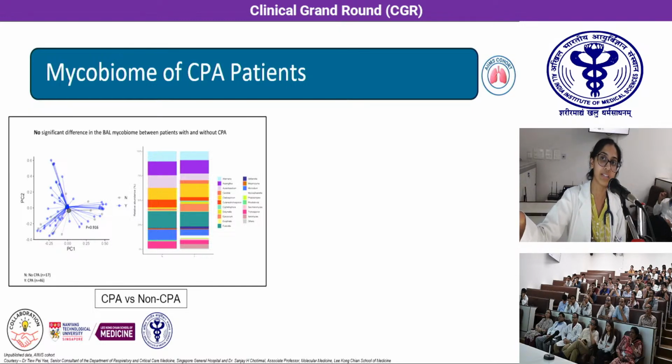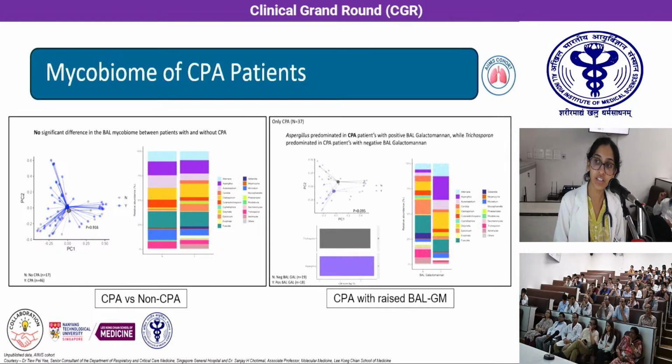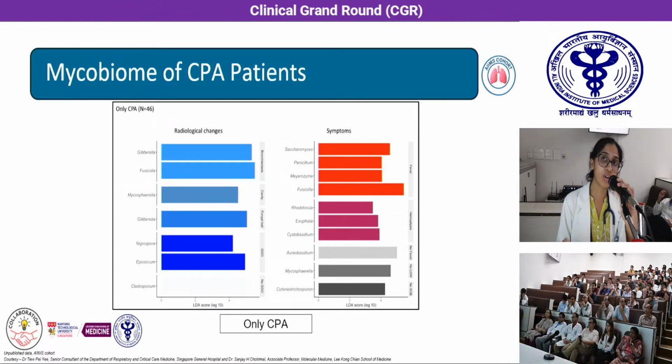The purple part here is Aspergillus, and it is mostly the same. However, in patients of CPA with raised Aspergillus-specific IgG, we could see that Aspergillus species predominate. Another surprising result was that some other fungal species also predict the phenotypic behavior and the radiological changes of CPA patients, which could have implications in how we manage and predict the behavior of such patients.